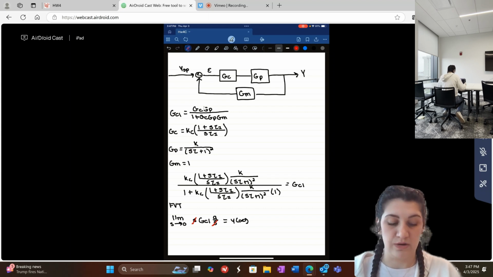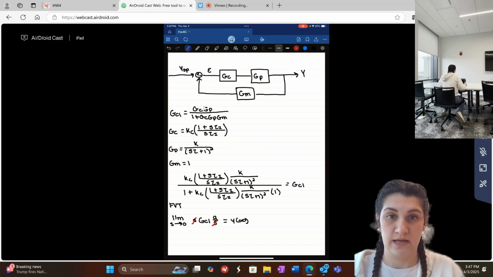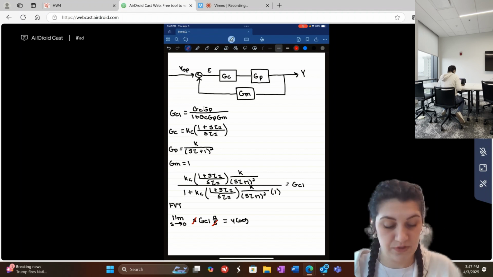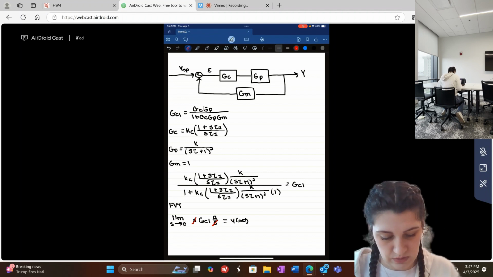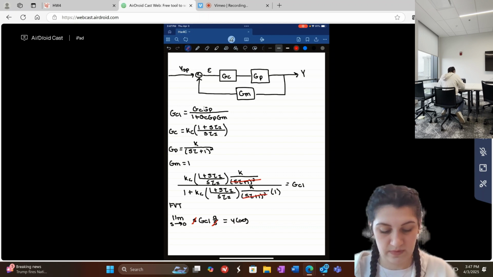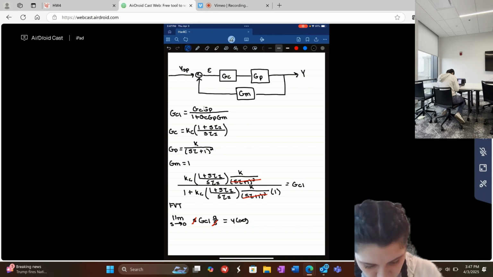And so when we do this, what we're going to see is that S goes to 0. So in that case, these two denominators here are just going to go to 1.